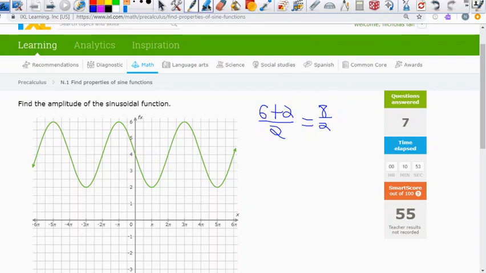Actually, another way you can do it is, because this has a distance of 4, the amplitude is 2. So 6 minus 2 over 2, that's equal to 4 over 2, which is equal to 2.